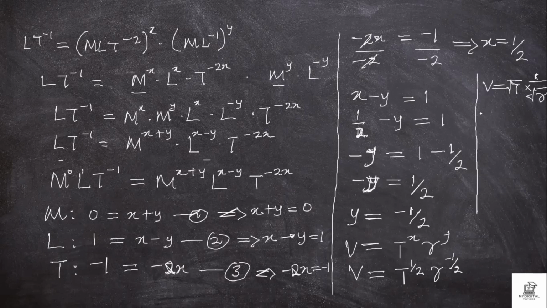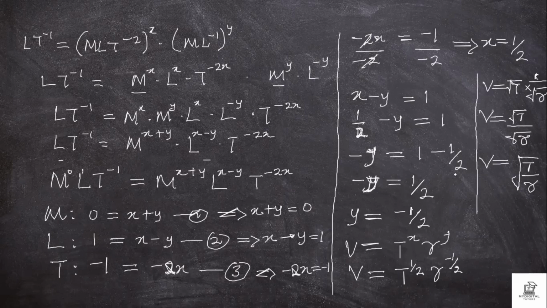So the expression is v equal to root T all over root gamma, which I can write finally as v equal to root of T all over gamma.